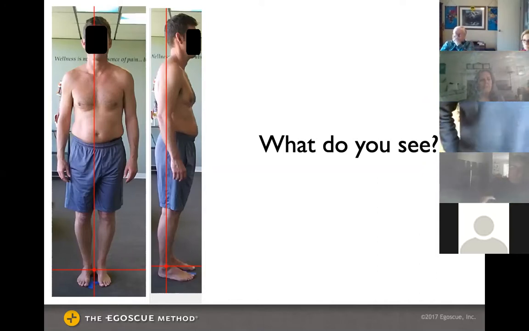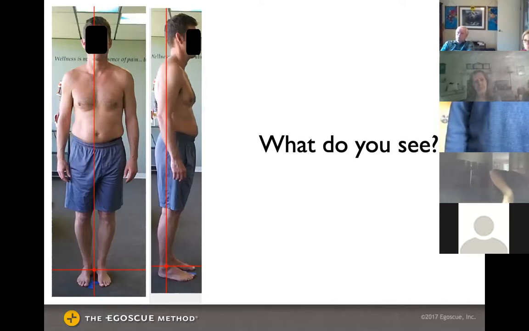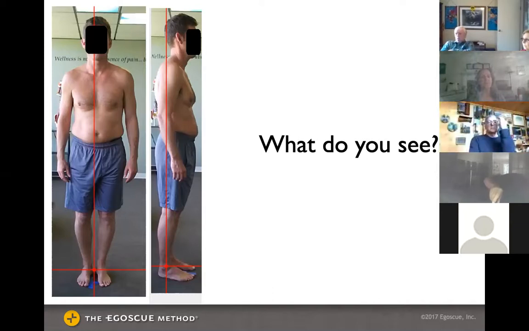So the right hip is coming up a bit, and his shoulders aren't quite level either, right? You can see his right shoulder is down a bit compared to his left. So the body's all just kind of trying to stay upright, kind of like that house we saw earlier, right? It swayed this way and then the top swayed the other way. Your body's really good at compensating and trying to keep you going from point A to point B, which is a good thing, but it can also cause issues down the road.